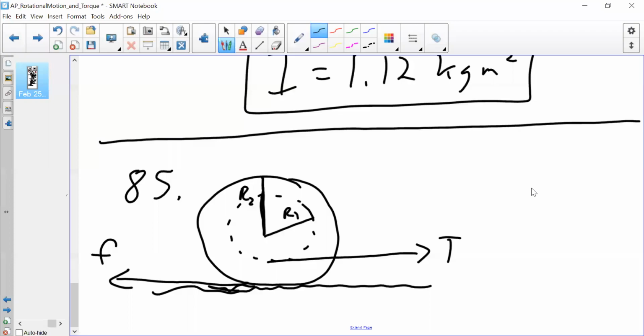Okay, so we have a spool of thread consisting of a cylinder of radius R1 with end caps of radius R2 as shown in the figure.